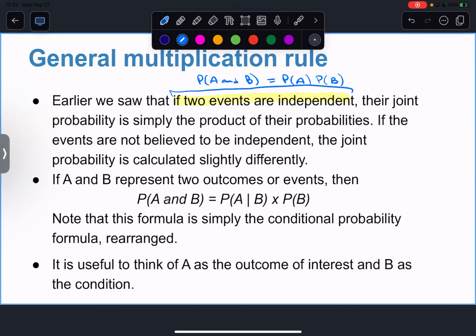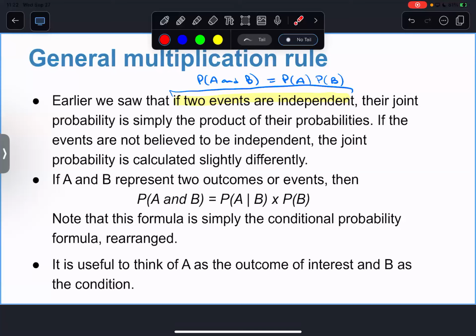If I have the probability of A and B, I have the probability of A and I have the probability of B, I can multiply those two, and if they end up being the same, and it has to be exactly the same as the probability of A and B, then they are independent, right? So that's how I tend to use this formula.